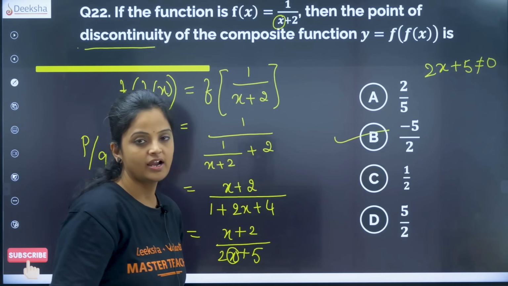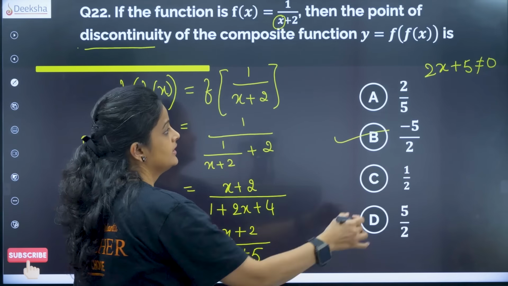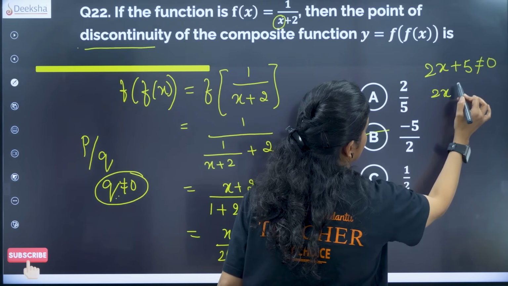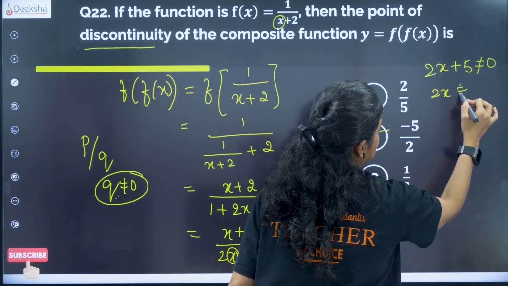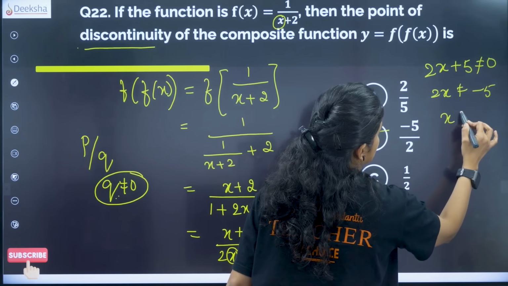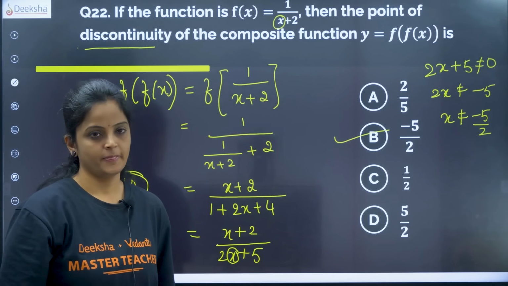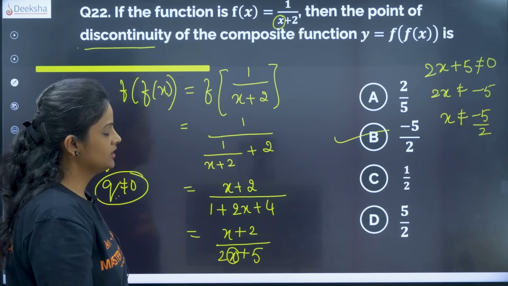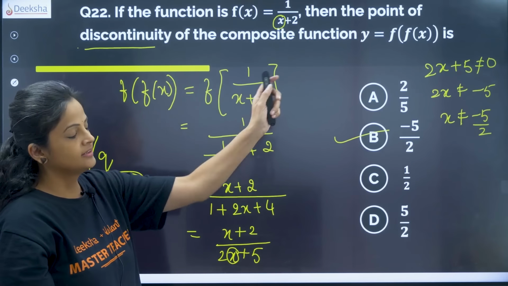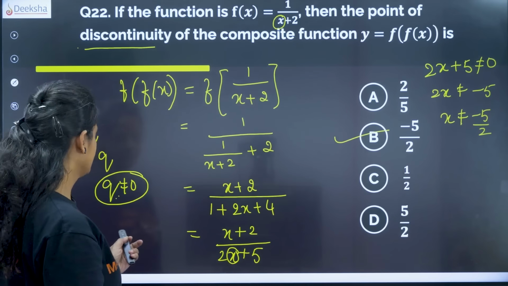Shouldn't be equal to 0, they have told, so shouldn't be equal to 0. Now solve that. If you can't make out like that, do like this. 2x plus 5 shouldn't be equal to 0, x should not be equal to minus 5 by 2. This is the alternate. Okay. So easily we can make out here and options are there. If not, then take like that. Done? Let's see the next one.